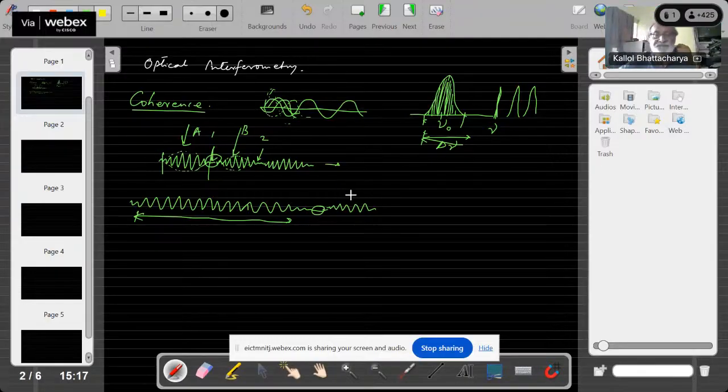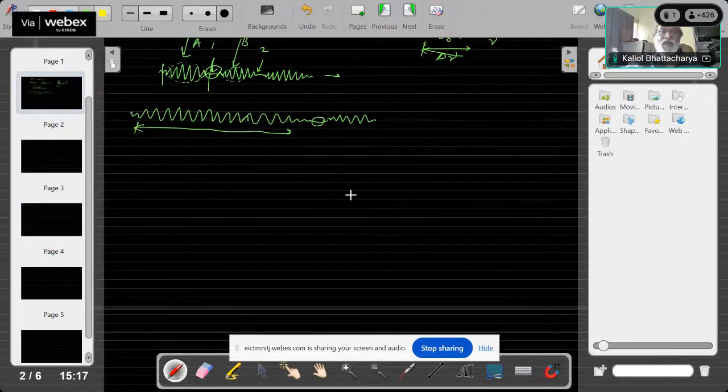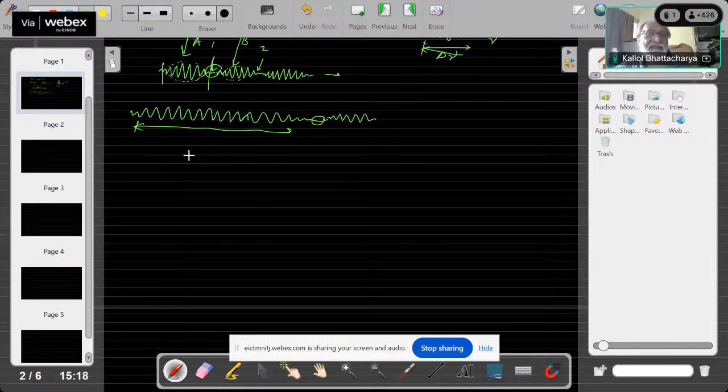Now let us see what happens in interference. Let us say we have two light beams, and let me represent one by A, the amplitude of the light beam, and we'll express the phase in terms of an exponential: e to the power i into kz minus omega t minus delta 1.